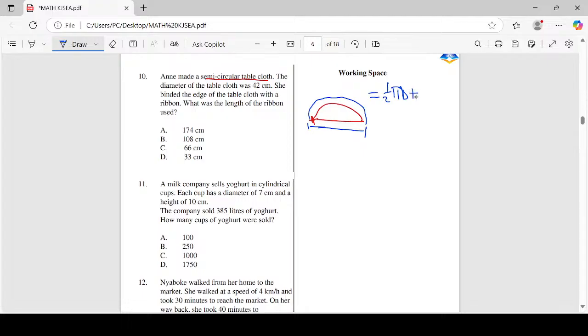Then plus d, because after covering the curved part, it has also to cover this distance here. That's why I'm adding the d. So I'm going to do substitution. This is now a half times pi, which is 22 over 7, times the diameter, which is 42.